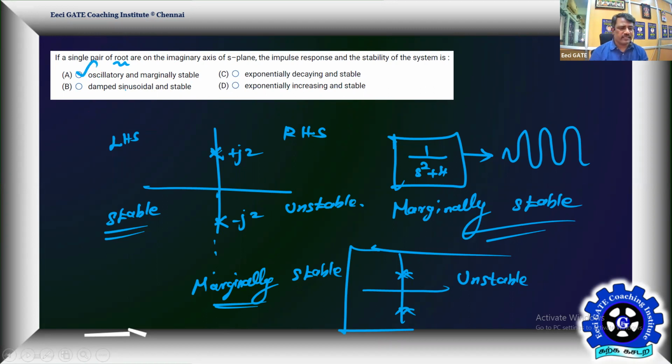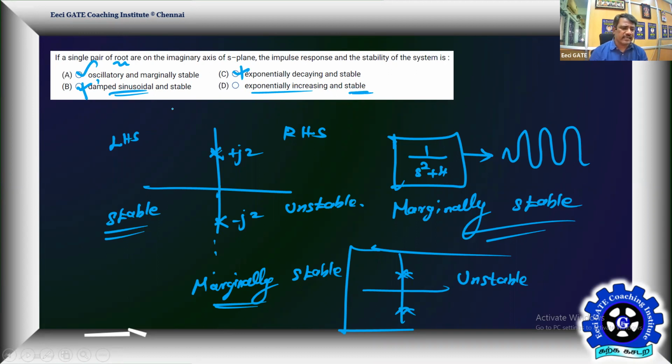Rest of the options: damped sinusoidal and stable means converging oscillations. Exponentially decaying and stable, and damped sinusoidal and stable, are the same statements, so B and C are the same category. And exponentially increasing and stable means it is also converging to stable.